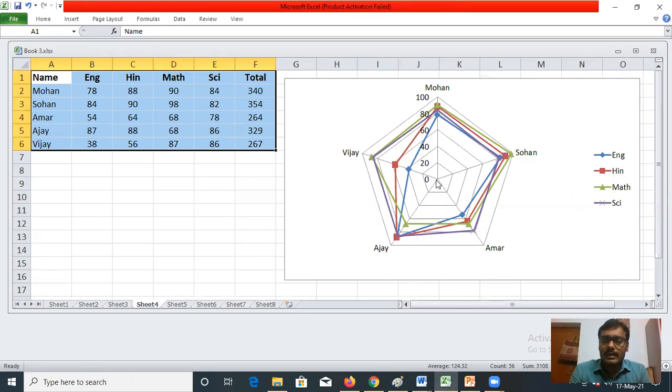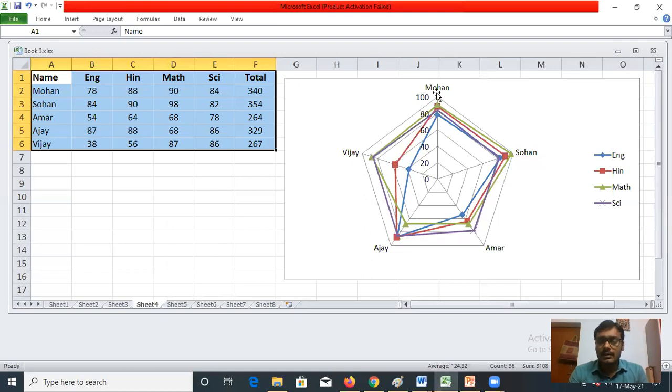Only there is the central point which is denoted with 0, and you can see all the different values are measured from this central point. Each category has its own value axis radiating from the central point.